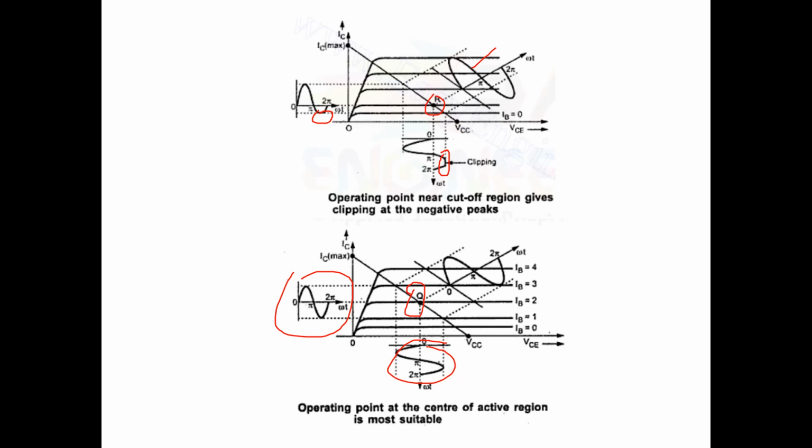That base current intersects the DC load line, it may be at point P, Q or R. If you apply the proper voltage with proper polarity and magnitude, and the IB curve intersects at point Q over the DC load line, then you can say our transistor is acting in the active region.